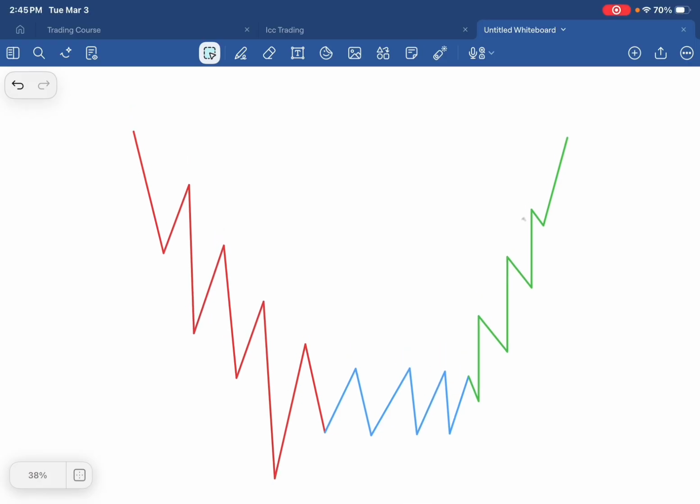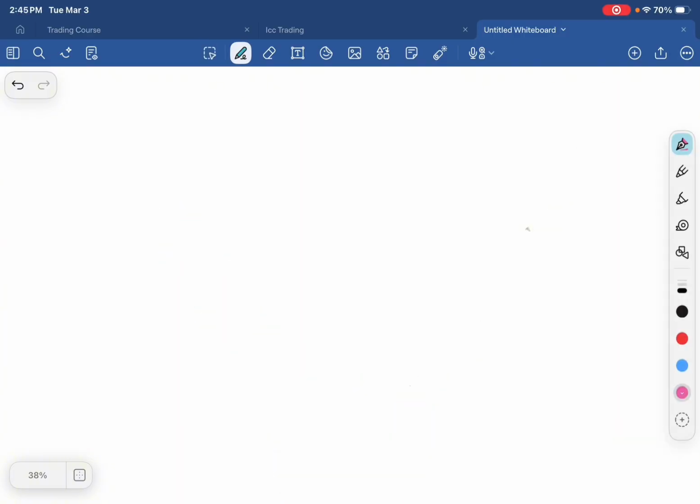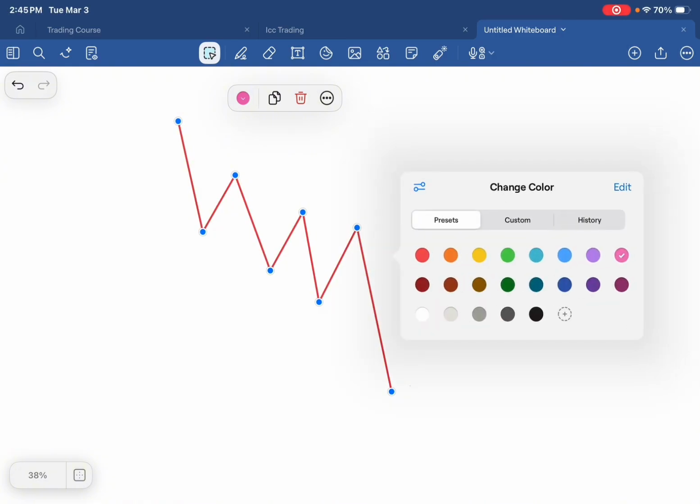All right, guys. So now we're going to go in depth into market structure, to give you a little bit more understanding of how price actually moves. So we're going to draw up a downtrend. First, we're going to deal with the downtrend, with the sellers.